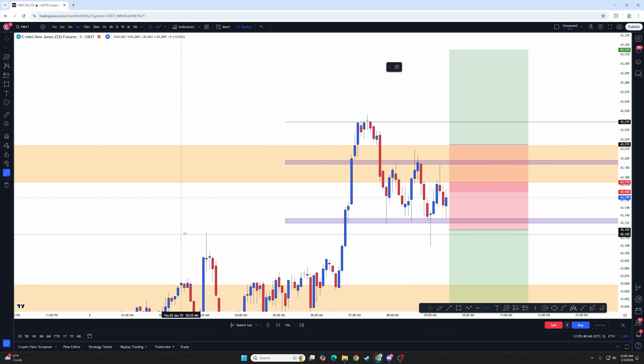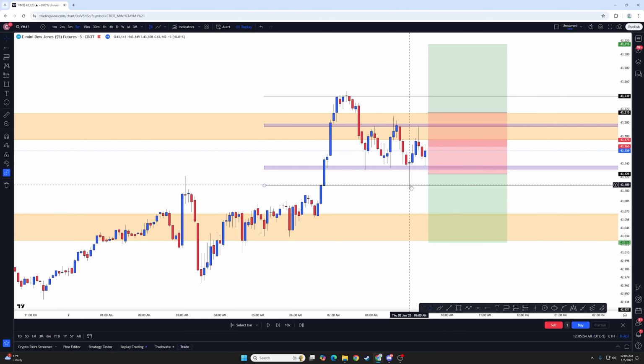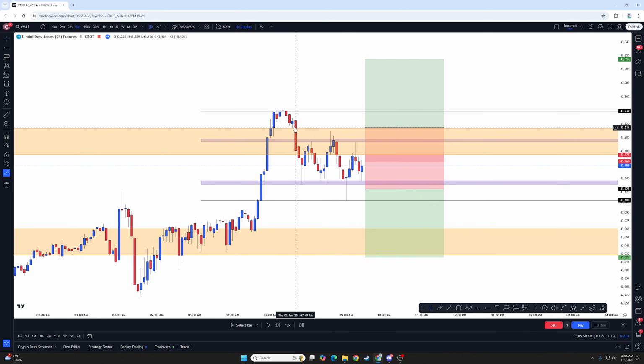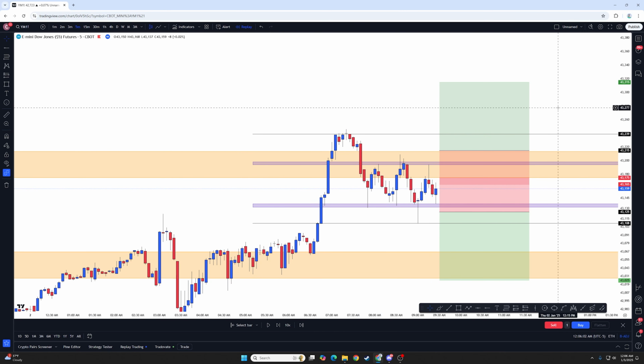And if I were to get entered into sells, based on structure and everything, this right here is what I want to see it go past. This is what I do on a regular basis, just to watch out, just to be aware of it.